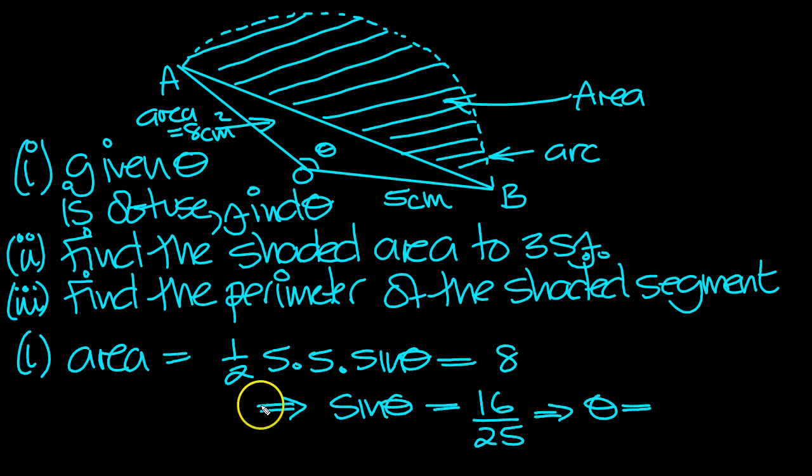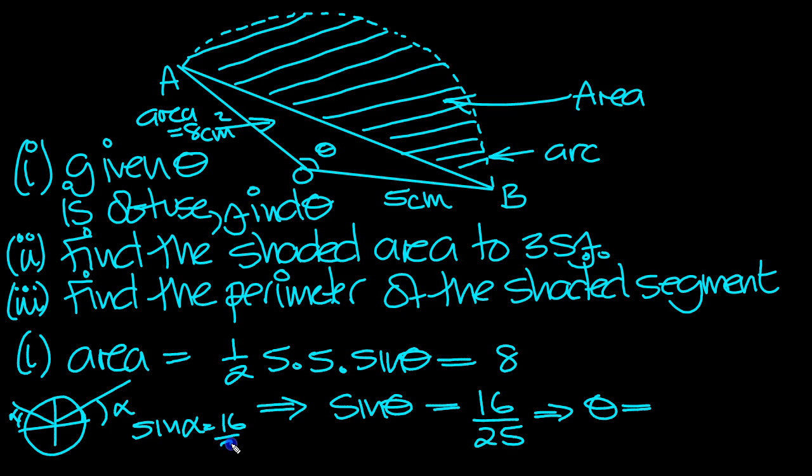So do shift sine. The only thing with this, don't forget that sine is positive and it's between 0 and 180. So sine alpha is what we're going to get when we do shift sine here, but we need the obtuse value. So sine alpha is 16 over 25. Now we can write down alpha.